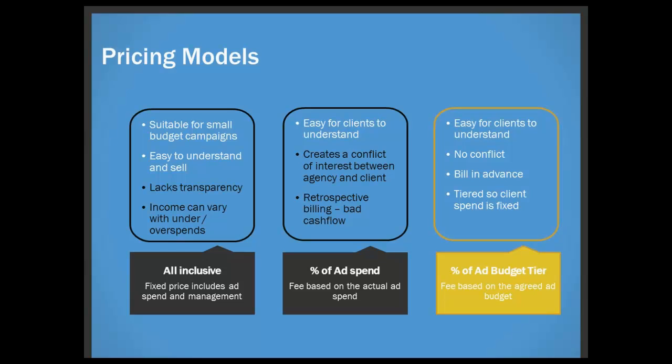That can work in small campaigns, and the only time I recommend it, and I do recommend it, is for very small campaigns where proportionally the management fee feels larger. So if it's say $1,000 or less budget or a $500 budget, you might want to consider that because it makes it feel like better value for money. But that's the only time I ever would recommend it.